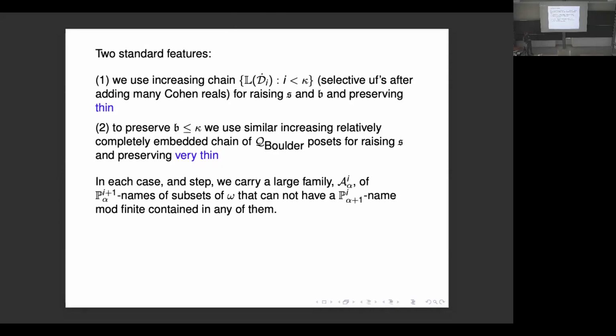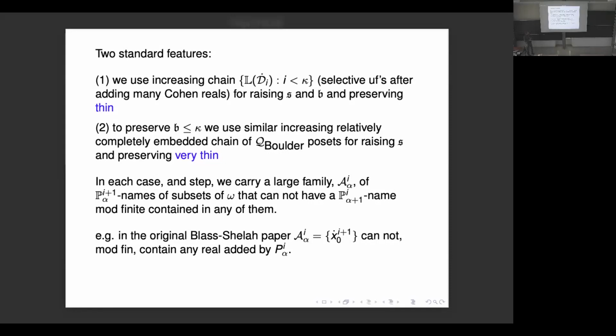And now in each case, we're going to be choosing a large family of sets that will somehow contribute to not adding pseudo-intersections. Our families will be much bigger than that, but it goes back to the original Shelah paper on matrix forcing.